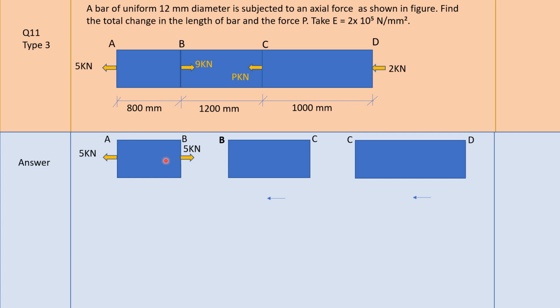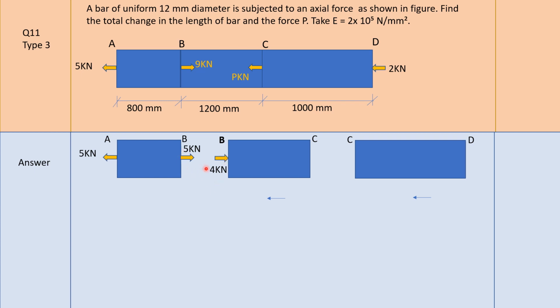Now come here, this is a 9 kilonewton force in the positive x direction. Here I have shown 5 kilonewton. So 9 minus 5, balance is 4. And here at B, this point, I will show a 4 kilonewton force in the positive x direction. So now what is happening?